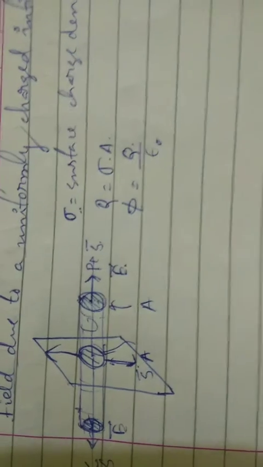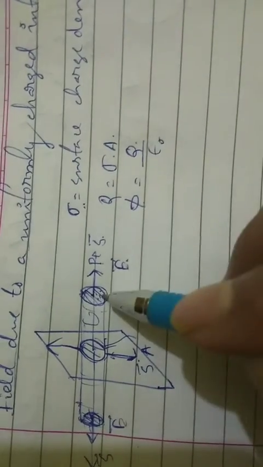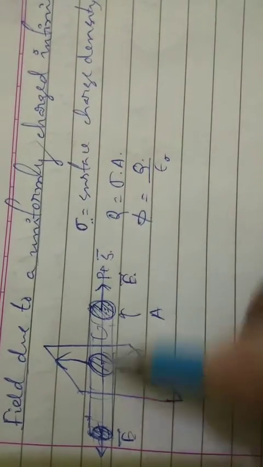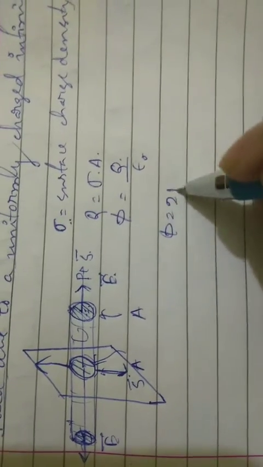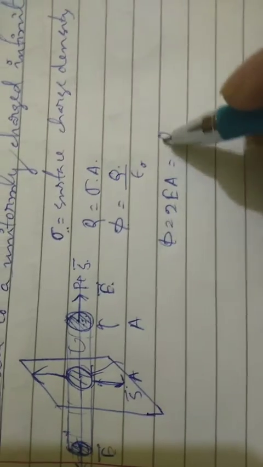In both the surfaces E and S are in the same direction. So for each surface the flux will be E into S, or E into A. So total flux because of these two surfaces will be phi equals 2EA, which equals Q by epsilon naught.